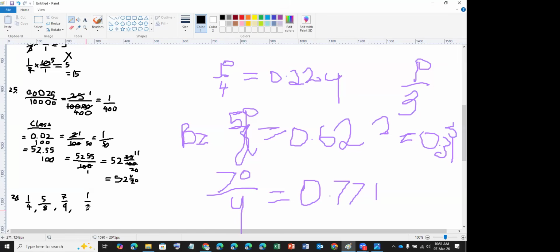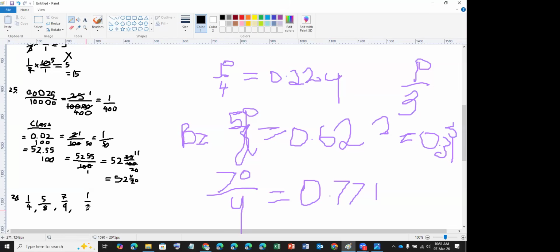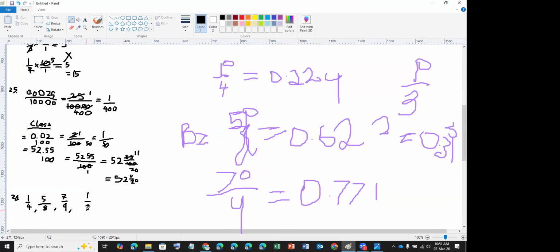So let me say something, okay? Faith, your method will help somebody who is practicing learning how to convert fractions to decimals.